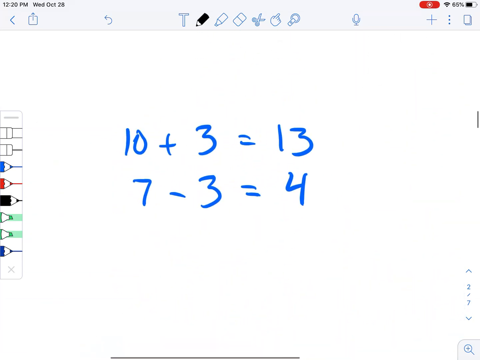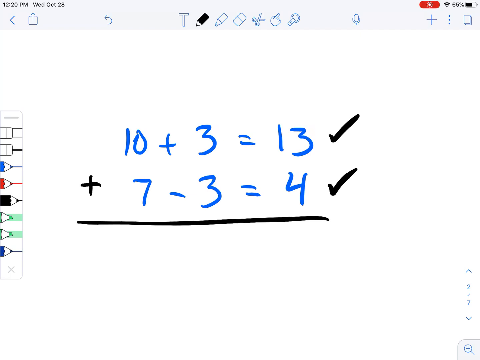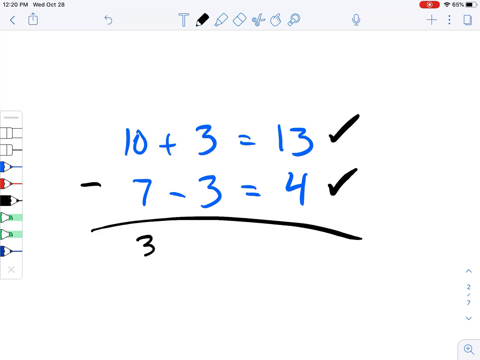Let's look at this. Here I have truth. I also have truth here. If I add these, do I maintain truth? I would get 17 plus 0, and I'd get 17. Cool. That's great. If I subtract them, would I maintain truth? So 3, now be careful, 3 minus a negative 3.